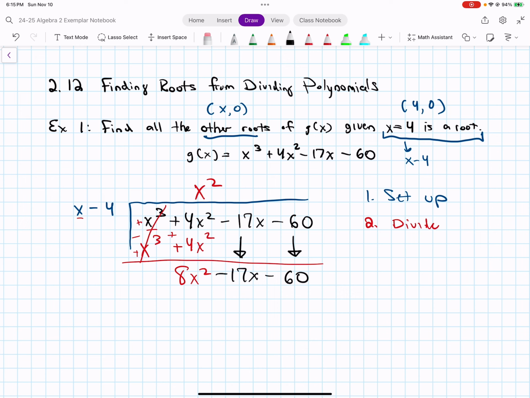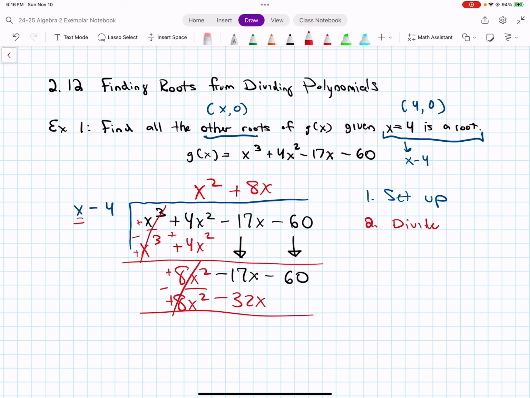Negative 17x minus 60. 8x squared divided by x is positive 8x. So 8x times x is 8x squared. 8x times negative 4 is negative 32x. Alright, 8x and 8x, they are both positive, so I must subtract in order to cancel out to get 0.